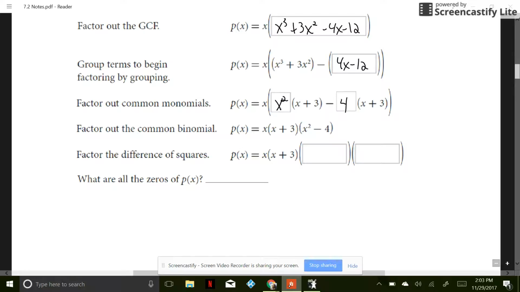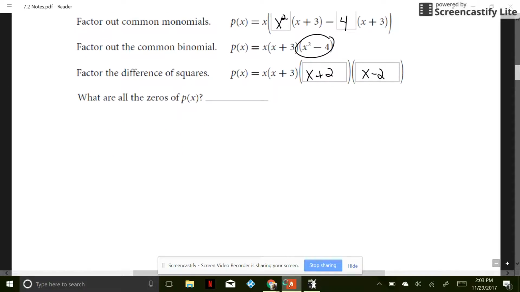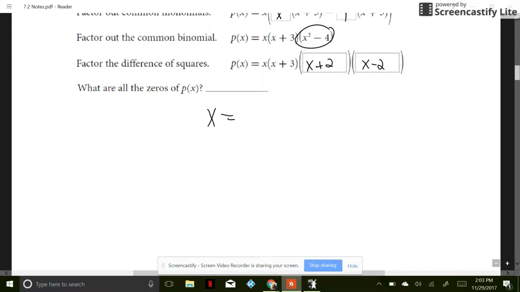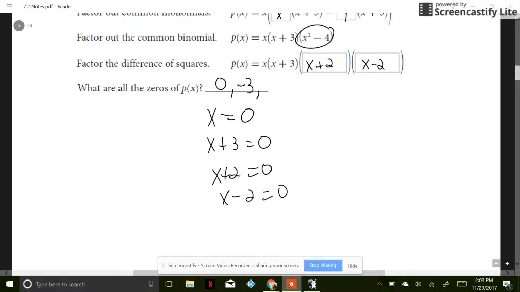We'll get (x squared - 4)(x + 3). X squared - 4 is a difference of squares, so it factors to become (x + 2)(x - 2). If we're looking at the zeros, again, we set each of those factors equal to 0, and our zeros are at 0, -3, -2, and positive 2.